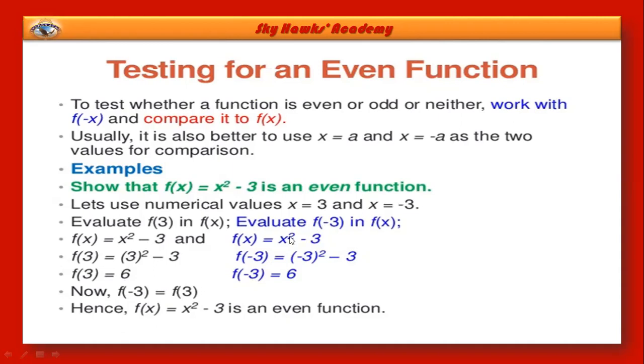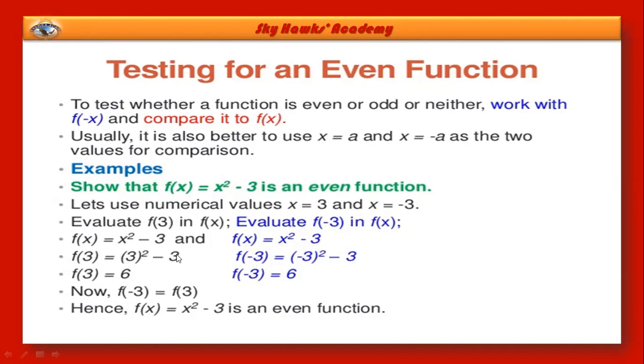So here the function is this one and you are replacing each and every x in the function with minus 3, and after a simple calculation you are reaching 6. And you are doing all the things for the positive 3, this black portion on the left-hand side, so each and everything is being done as it is on the blue and the black. So the only difference is the minus 3 and the plus 3.